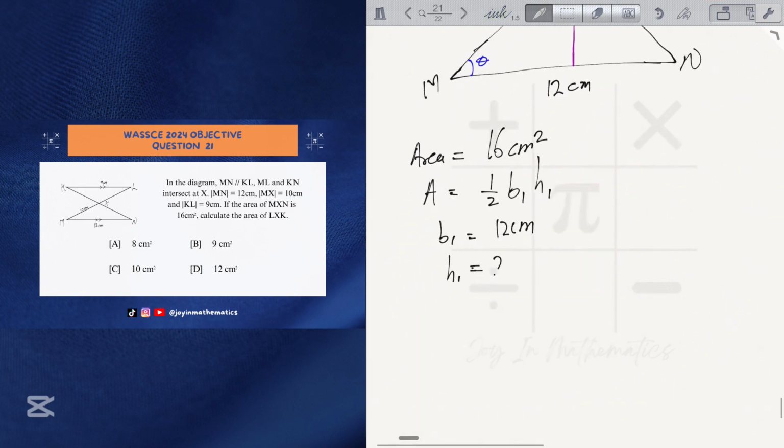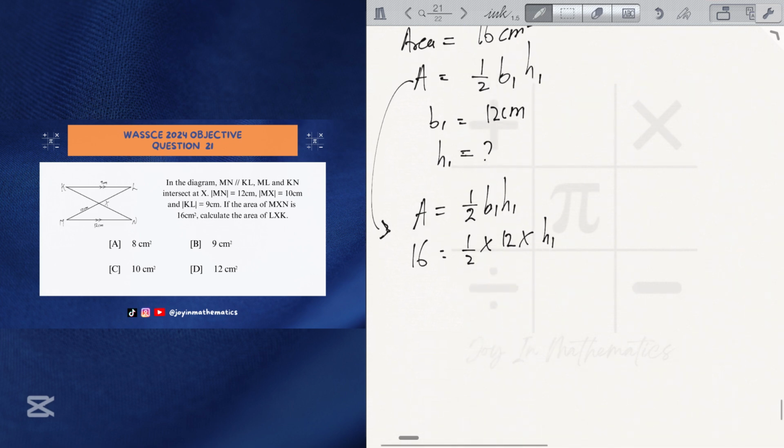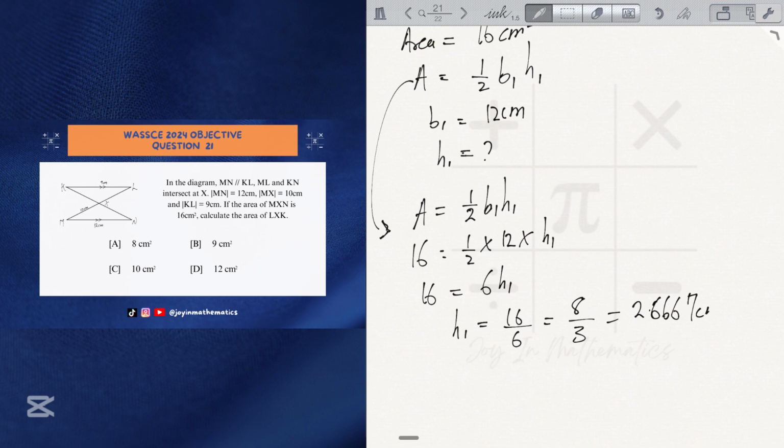Let's begin with the evaluation of H1. Let's apply the formula. The formula says area is equal to half B1 multiplied by H1. Therefore, 16 is equal to half multiplied by 12 multiplied by H1. So 16 is equal to 6H1, then H1 is equal to 16 over 6, which is 8 over 3, 2.6667 centimeters.